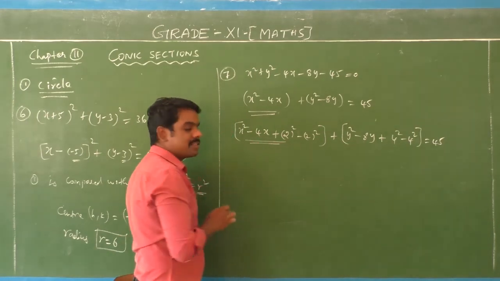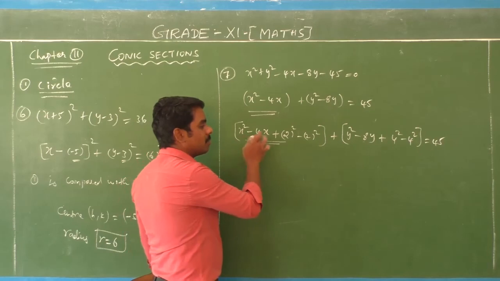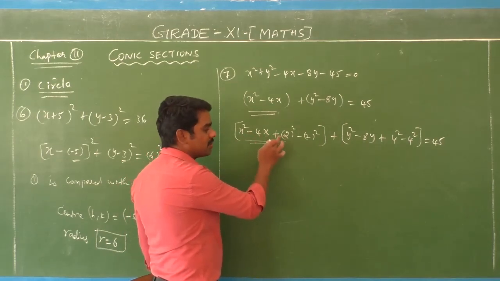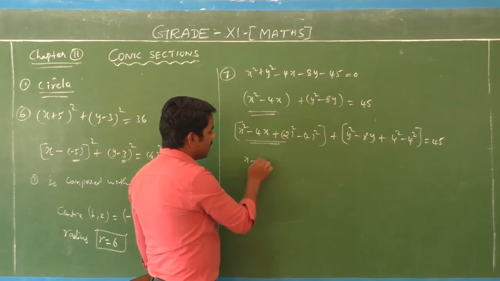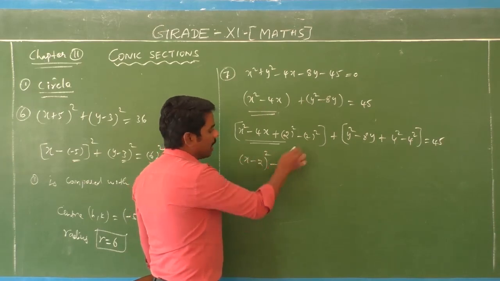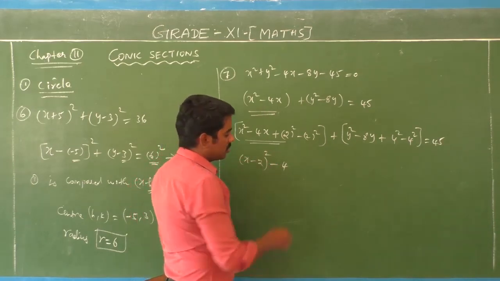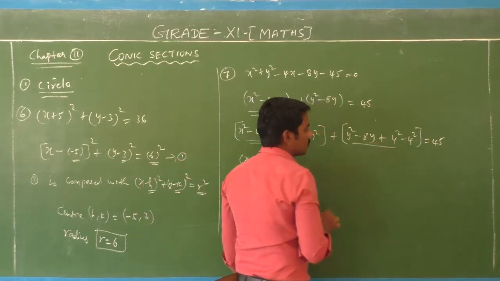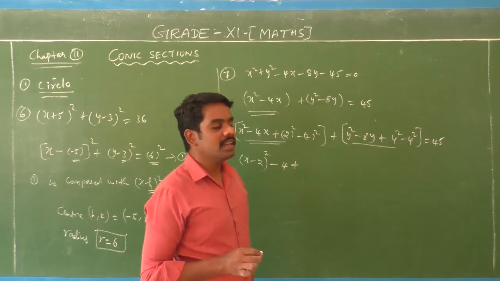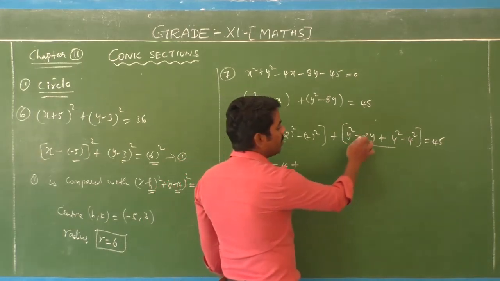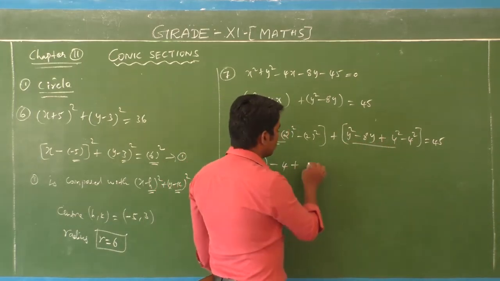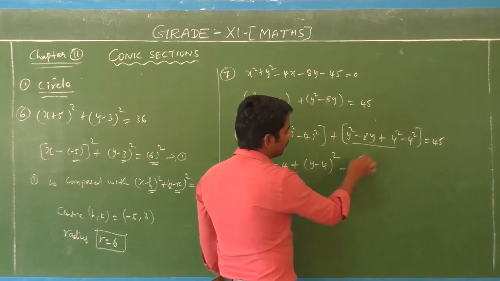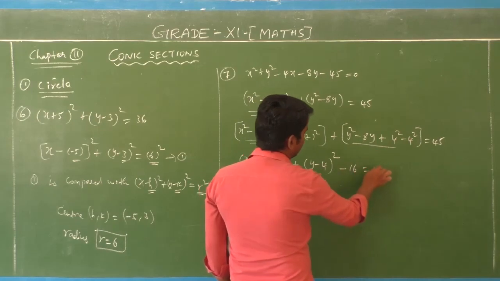So x square minus 4x plus 2 square uses the (a minus b) whole square formula, and is written as (x minus 2) the whole square minus 2 square, which is 4. Plus y square minus 8y plus 4 square is (y minus 4) the whole square minus 4 square, which is 16, equal to 45.